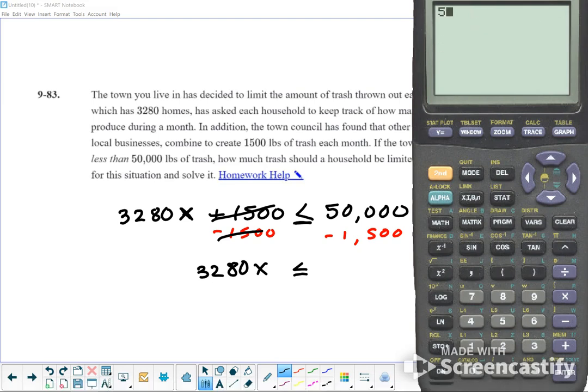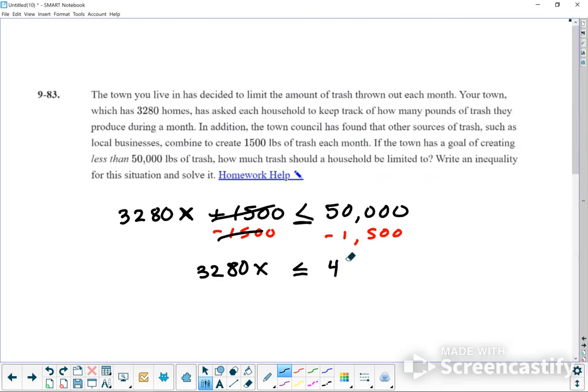So I have 50,000 subtract 1,500, and you get 48,500. Now to solve for x, I'm going to divide by 3,280. This is going to cancel out, and that will give me my x, or how many pounds each household at most can produce.